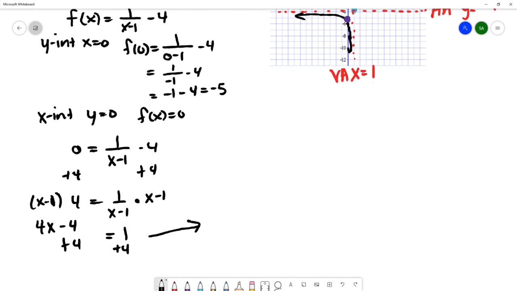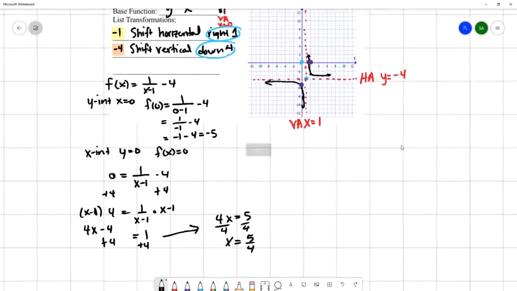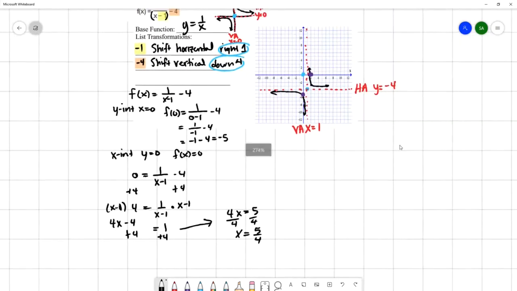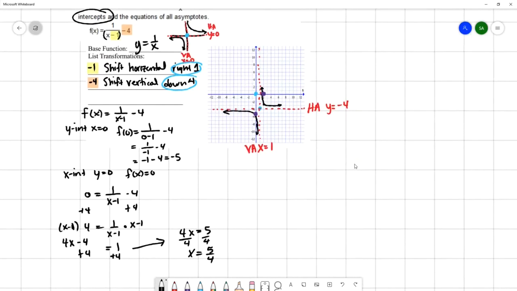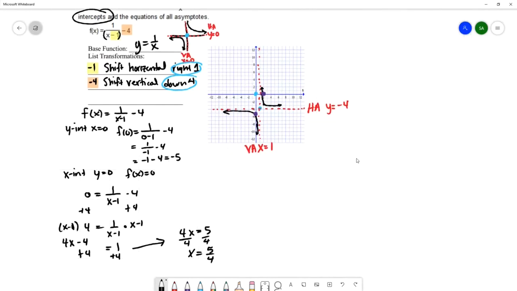That's going to give 4x equals 5. Divide by 4 and x equals 5 over 4. So that would be the x-intercept. Let me zoom out so we can see the whole problem. And we've got the graph, the asymptotes, and the intercepts.